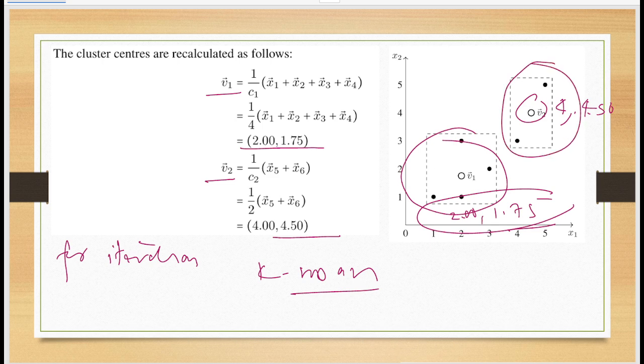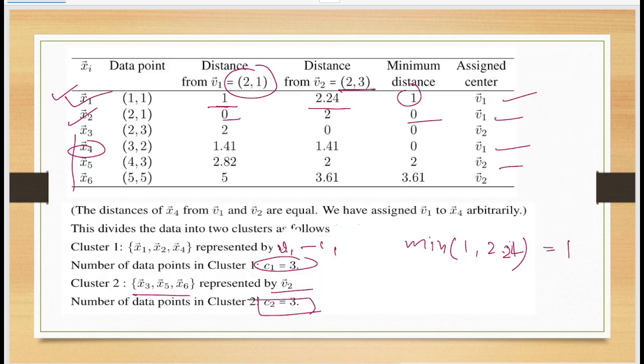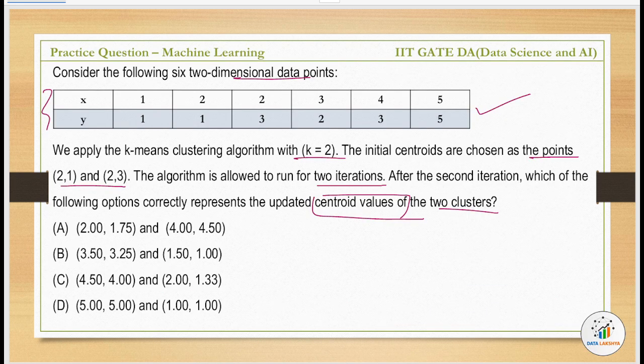If you see the question here, it asks after the second iteration, what is the new centroid value? Option A is correct: 2.0 comma 1.75 for the C1 cluster, and 4.00 comma 4.50 for the C2 cluster.